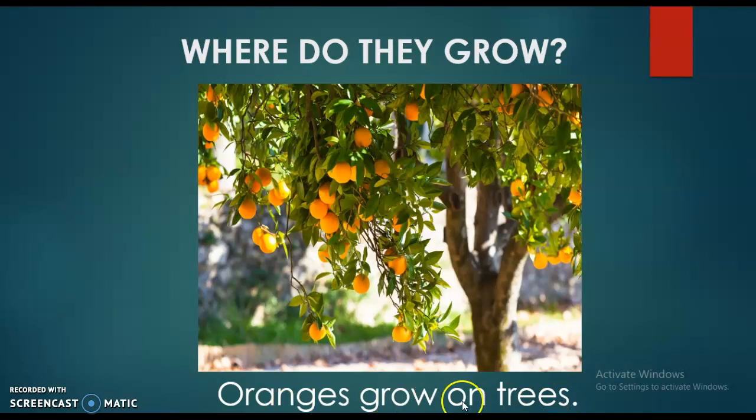Buah orange tumbuh di atas pokok ataupun dia berbuah di atas pokok. Sama macam pokok limau di Malaysia kan, ada banyak jenis pokok limau, tapi ini adalah buah orange. Buah orange ni dekat Malaysia rasanya tak adalah jenis orange macam ni. This is overseas, di luar negara.